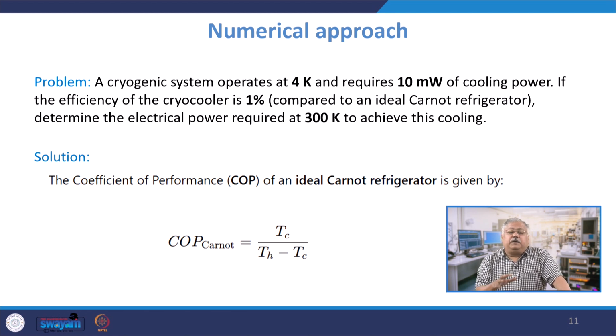So typically if you take an ideal Carnot refrigerator and assume it's perfectly ideal, efficiency is 100%, which means that the cooling is absolutely the best you can get, and we define that to be an ideal Carnot refrigerator. However, most refrigerators, be it a cryocooler or any other, do not follow an ideal Carnot.